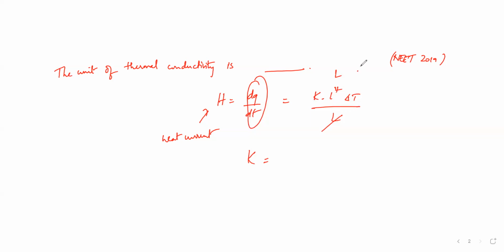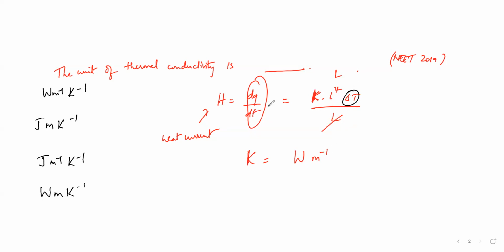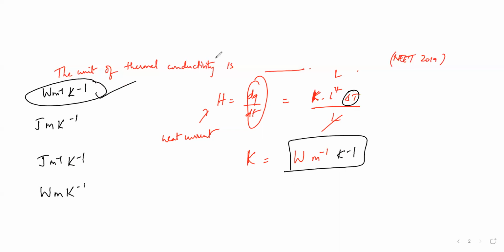So what will be the constant K now? Constant K will be watt meter inverse Kelvin inverse. Options I will write down first: watt meter inverse Kelvin inverse, joule meter Kelvin inverse, joule meter inverse K inverse, watt meter Kelvin inverse. So this is the value of the constant. So your first option will be your answer.